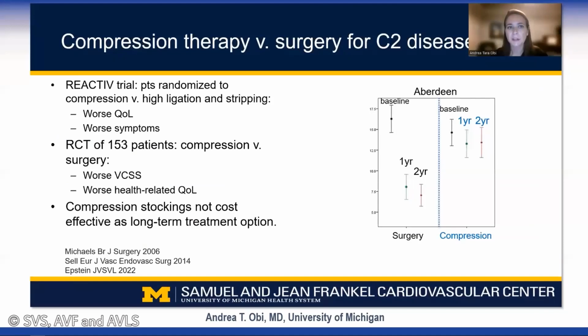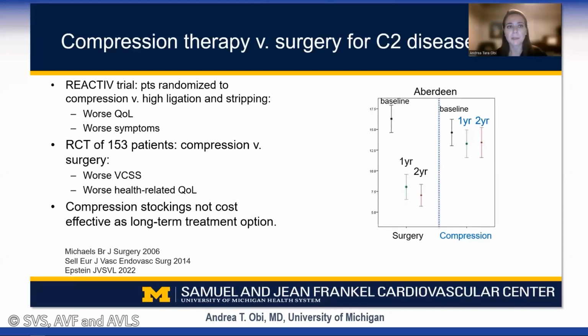So if stockings are of uncertain benefit, then the question really becomes, for this initial treatment, should patients undergo compression therapy or surgery for C2 disease? And this question has now been attempted to be answered by a few randomized controlled trials, the results of which are summarized on the left-hand side of the screen.